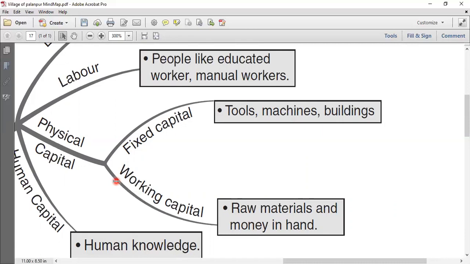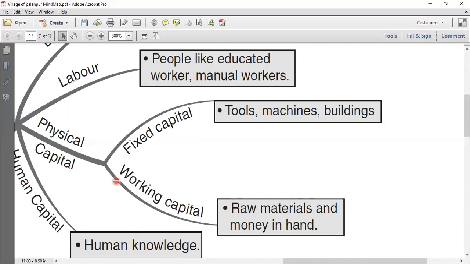And then came the working capital. Working capital will be the raw material, the money, the things that we require during the production that will exhaust during the production. So this capital is completely exhausted in the production cycle.